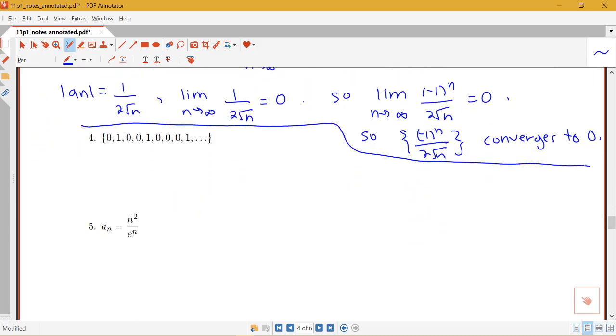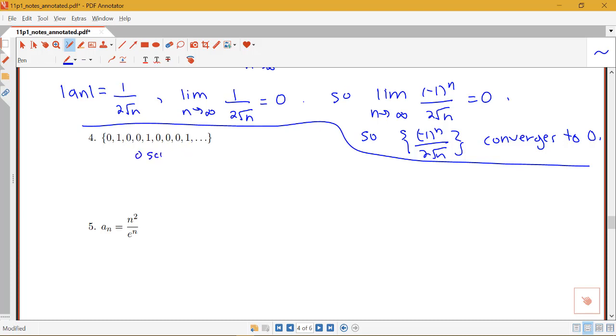Looking at example 4 here, I have a sequence that goes 0, 1, 0, 0, 1, 0, 0, 0, 1. So I'm getting an increasing number of zeros, but I'm always coming back to a 1. When you think about whether this is going to converge or diverge, even though I am getting longer and longer strings of zeros, it's always going to pop back to a 1.